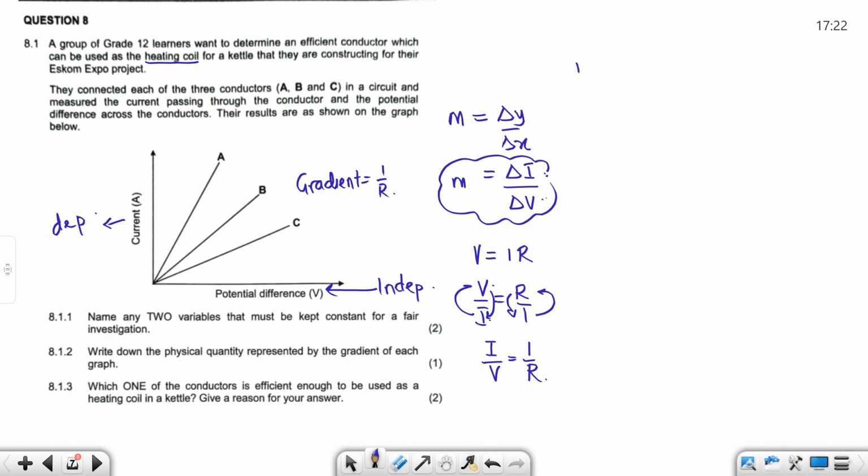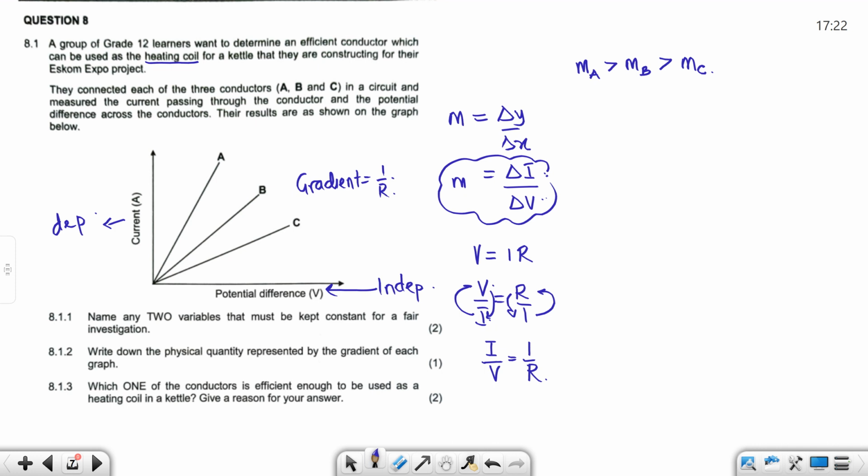A. The gradient of A is actually greater than the gradient of B, which is also greater than the gradient of C. This is not math, so please don't tell me that my equal signs are inequalities. No, we're not doing inequalities. We're saying the gradient of A is greater than the gradient of B, because we're looking at the steepness of the slope.